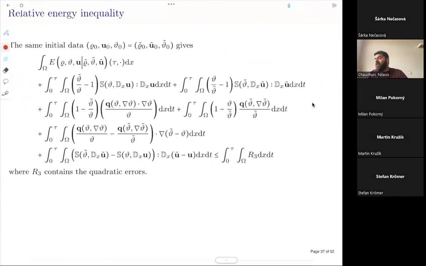I skip a lot of parts, but the main idea is that after some computation, we end up with a very crazy looking expression, a bit of calculation, I would say.